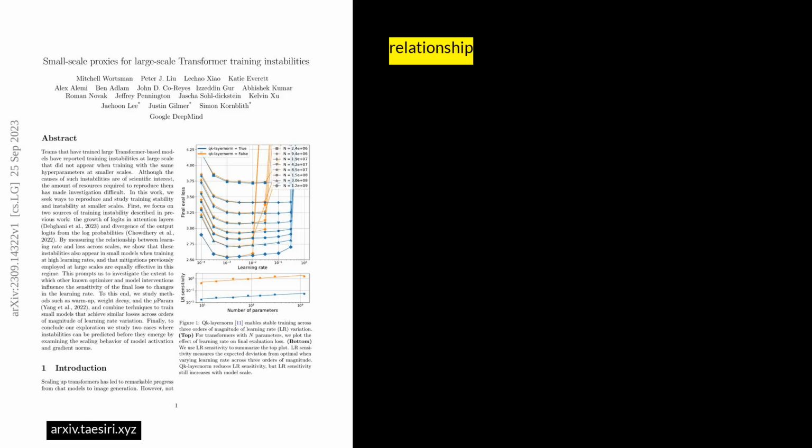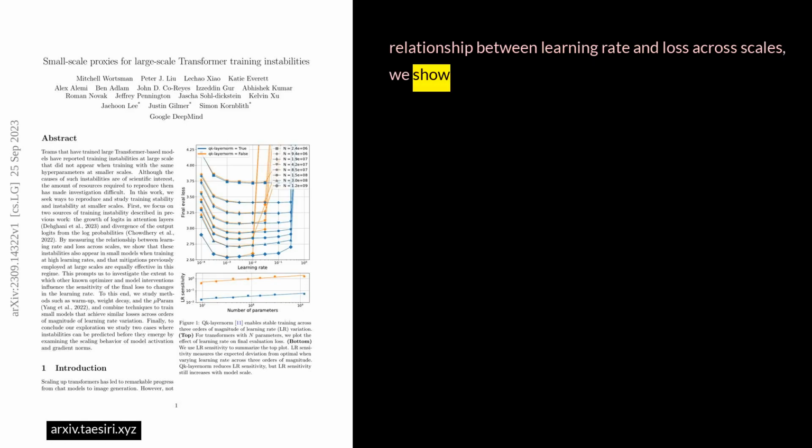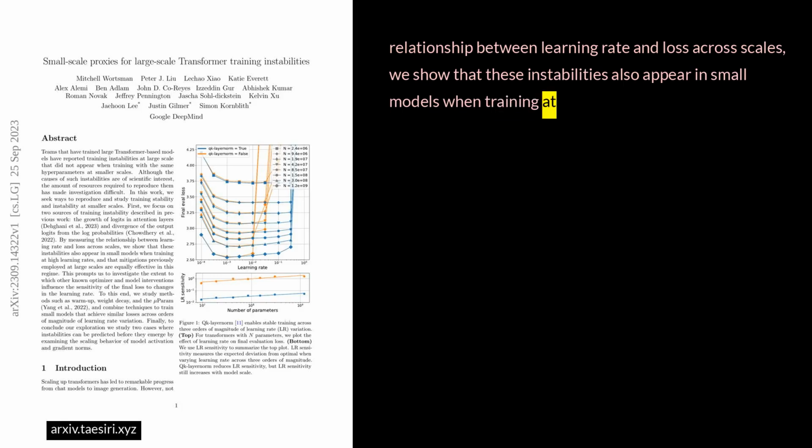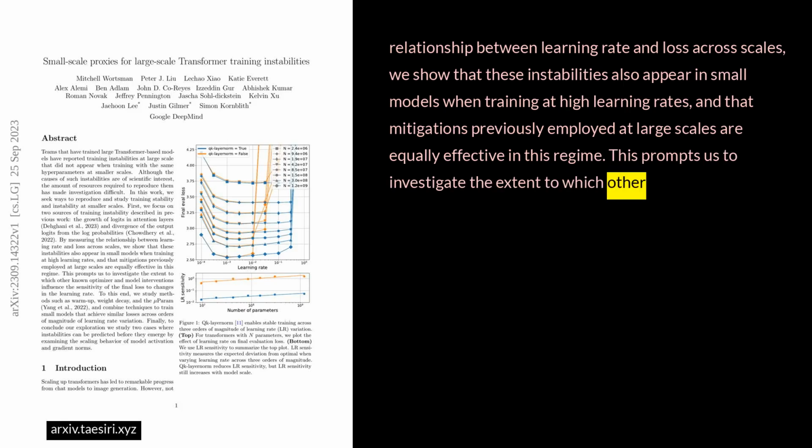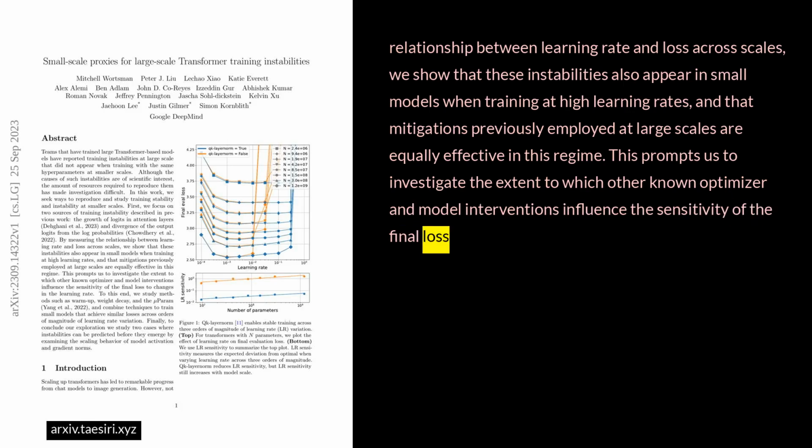By measuring the relationship between learning rate and loss across scales, we show that these instabilities also appear in small models when training at high learning rates, and that mitigations previously employed at large scales are equally effective in this regime. This prompts us to investigate the extent to which other known optimizer and model interventions influence the sensitivity of the final loss to changes in the learning rate.